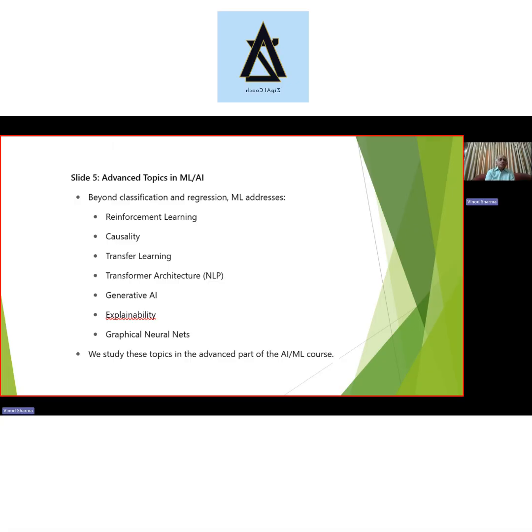Transfer learning is very important. We will also learn that in the advanced part. Transformer architecture has become very popular recently in NLP, natural language processing. Things like ChatGPT, which are very, very popular and have made AI very popular recently, use transformer architecture. We'll study that as well in the advanced topics. Generative AI is AI which generates new images, new data.